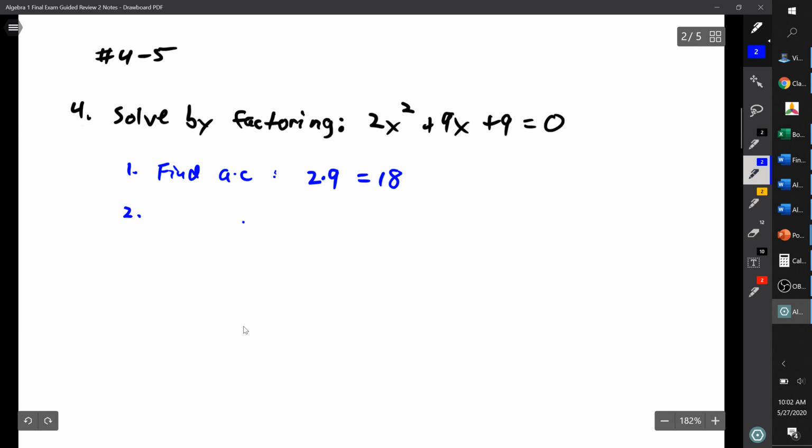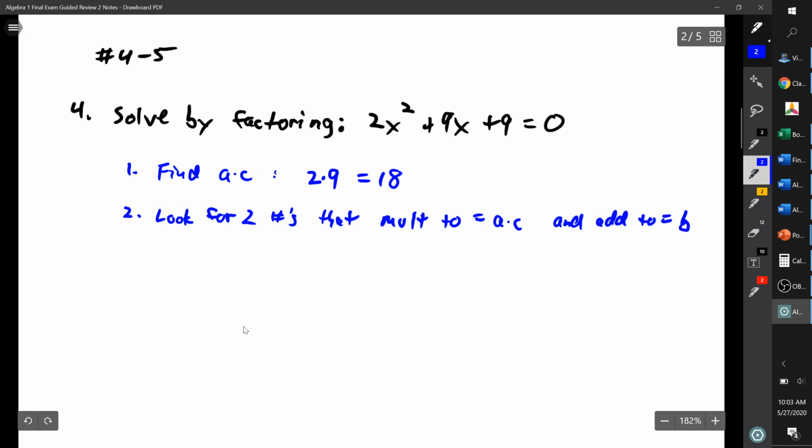And then look for two numbers that multiply to equal whatever a times c is, and add to equal whatever b is.